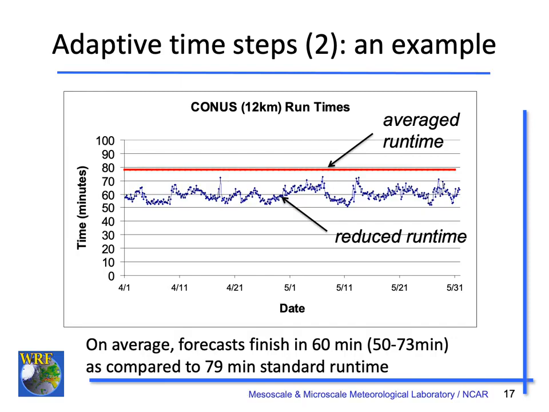The blue curve shows the wall clock time taken by this model using adaptive time steps, which average to about 60 minutes during the 2-month period. In general, it saves computer time when adaptive time steps are used.